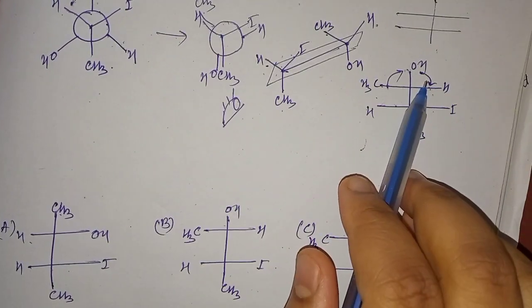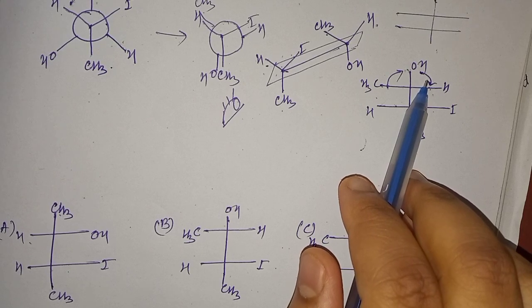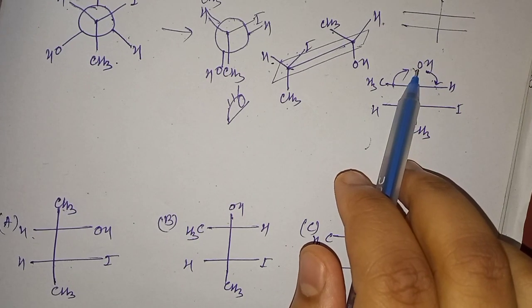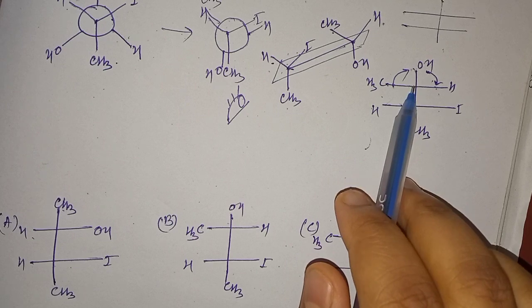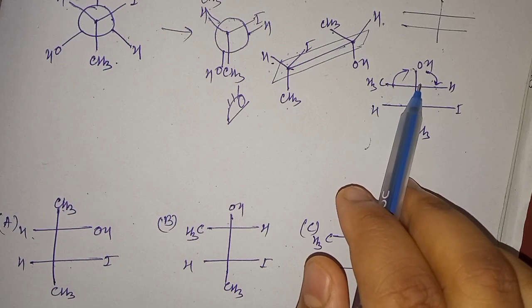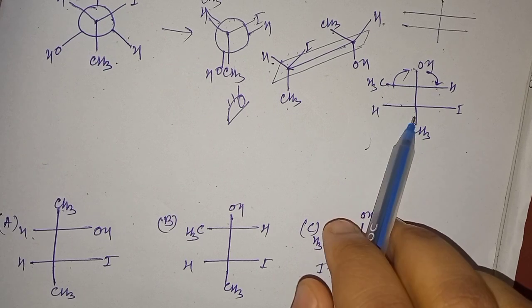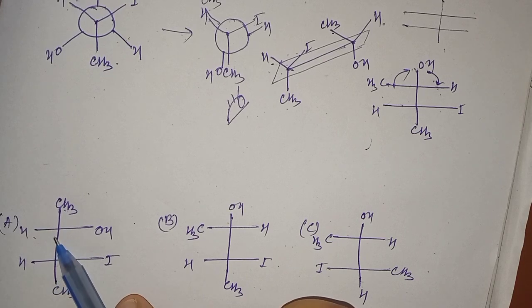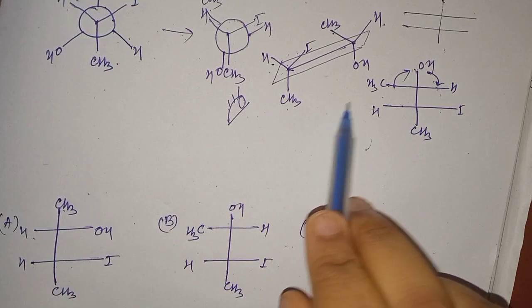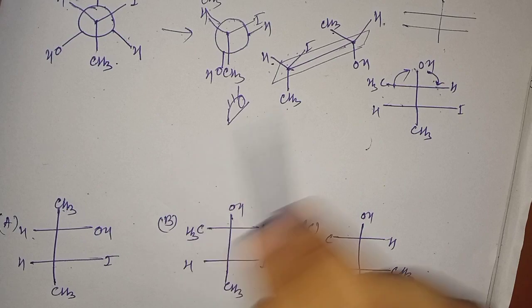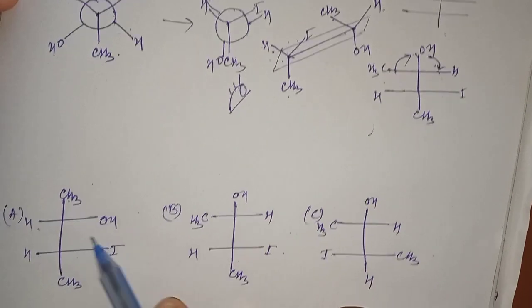So we are performing two interchanges, and 2 is an even number. Since we are performing an even number of interchanges, the chirality of this carbon atom also remains the same. So the chirality of both carbon atoms remains the same. So structure A is the same structure as compared to the original compound.